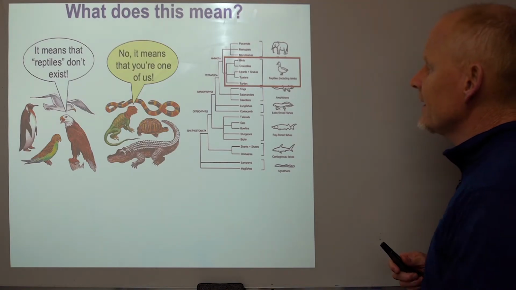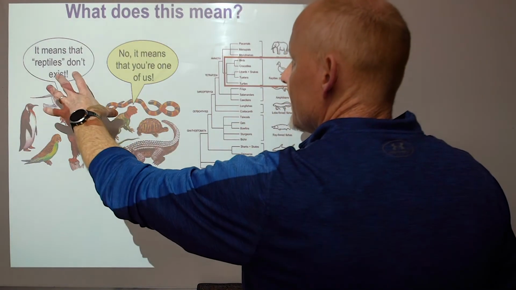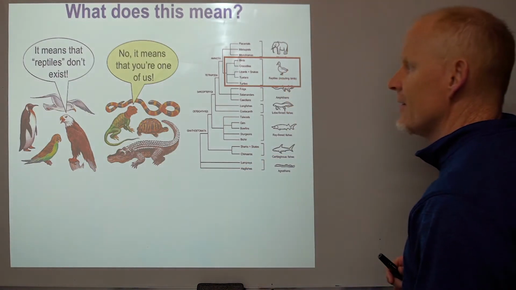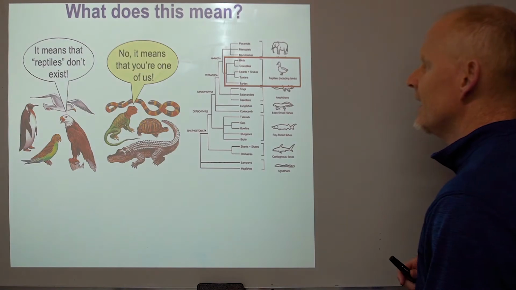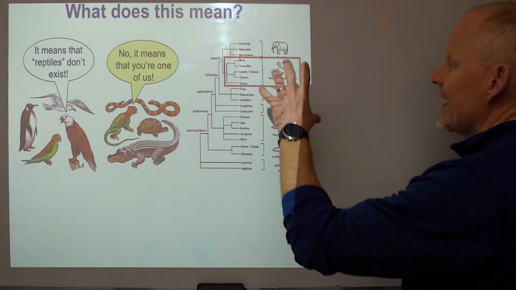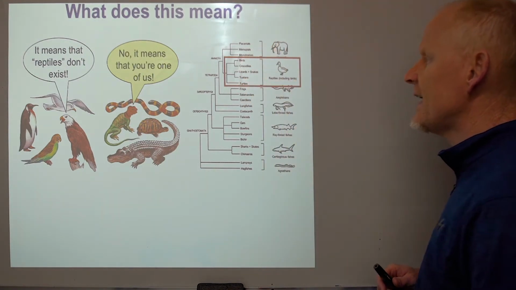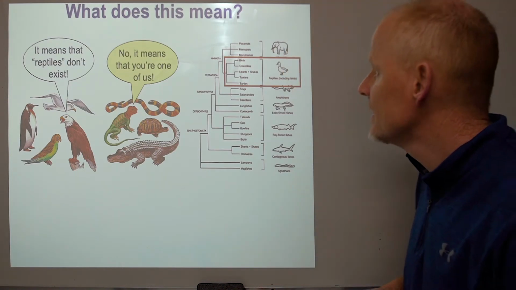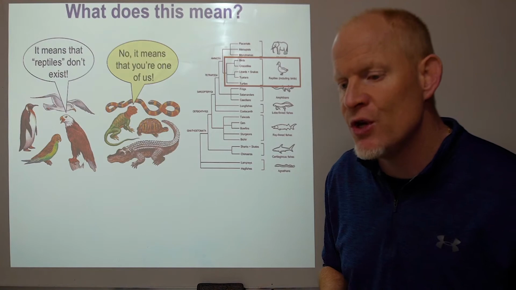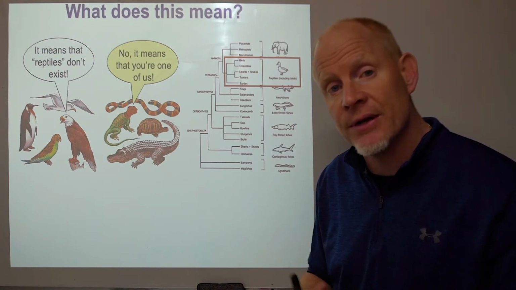So basically, I love this cartoon. It says it means that reptiles don't exist. And no, it means that you're one of us. So there are some arguments here. But in reality, there had to be some major reorganization of how we group reptiles. And I'll talk about that when we get to the reptiles, based on some new genetic information and also including birds.